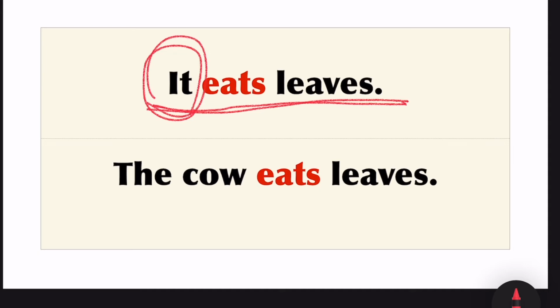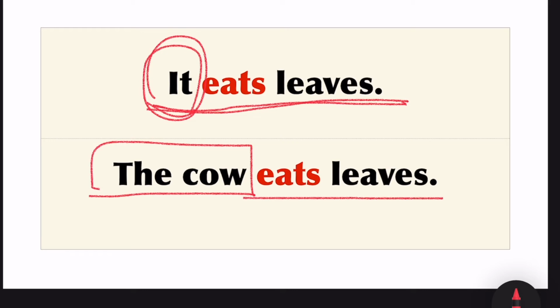Instead of it, we can use an animal's name. The cow eats leaves. The cow is the third person singular subject, so the verb eat takes s with it.